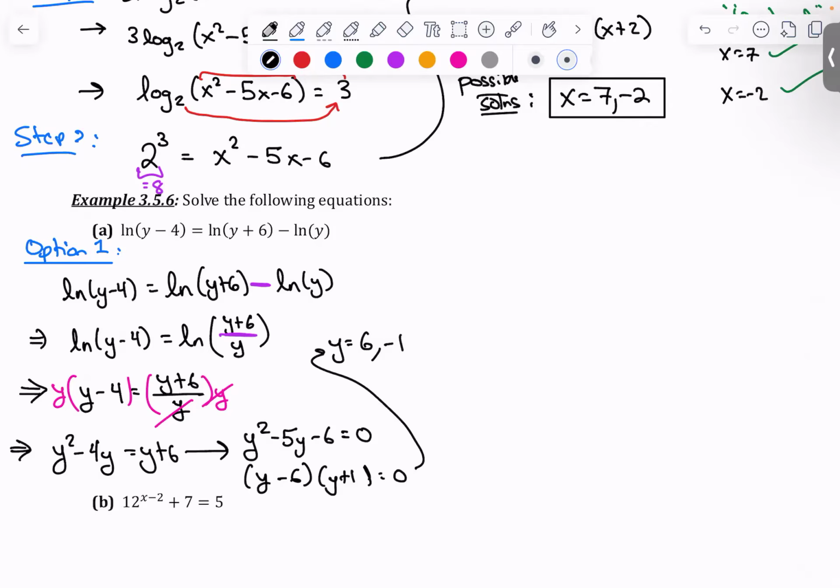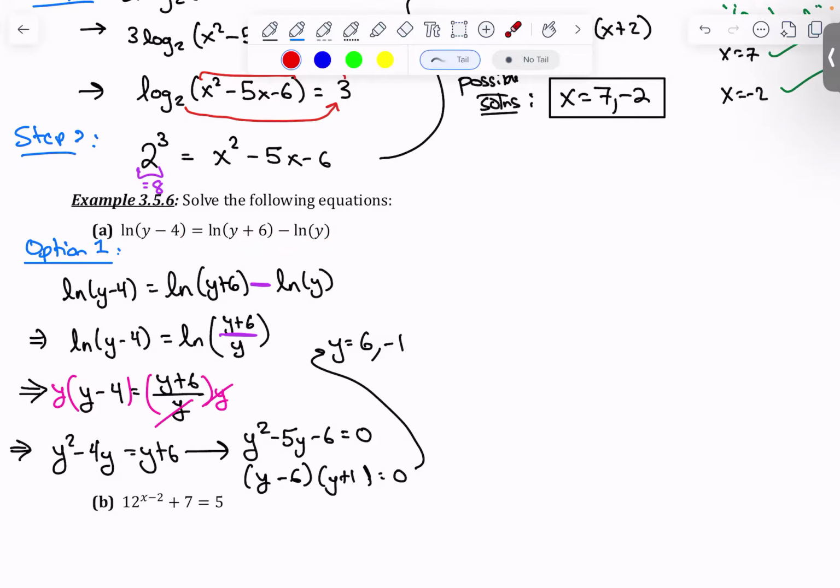Now, those are the possible solutions. So, does 6 work? If I plug in 6 into the original equation, 6 minus 4, that's a positive number. That's okay. 6 plus 6, that's 12. That's a positive number. That's okay. Natural log of 6, that's a positive number.